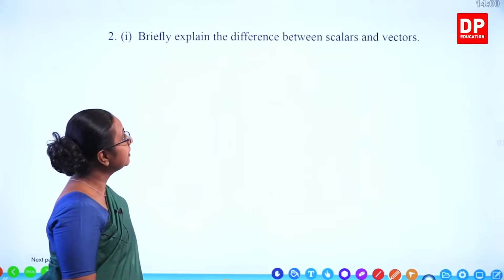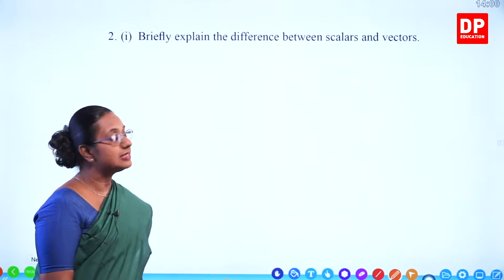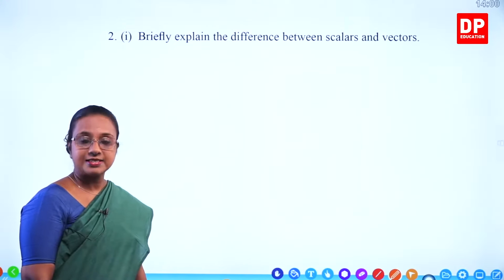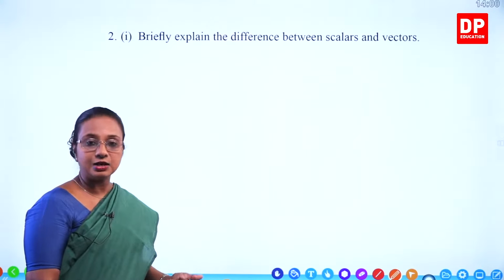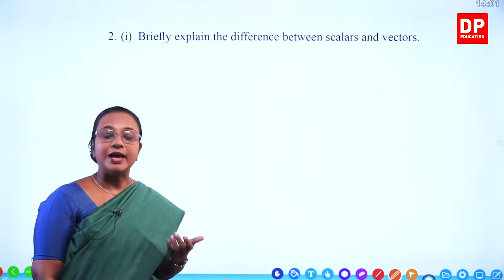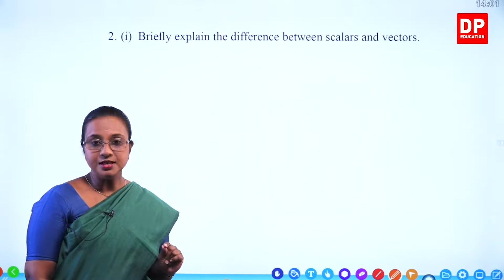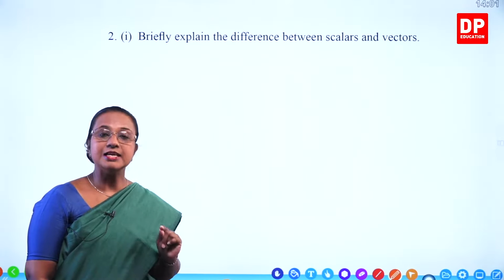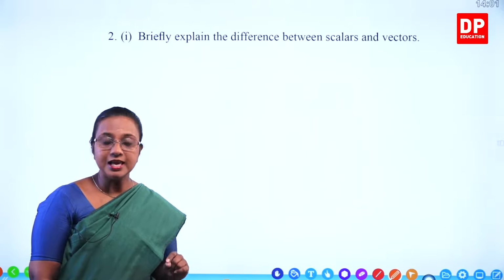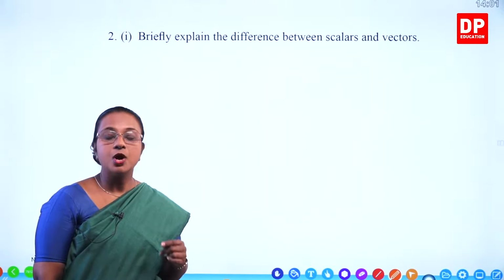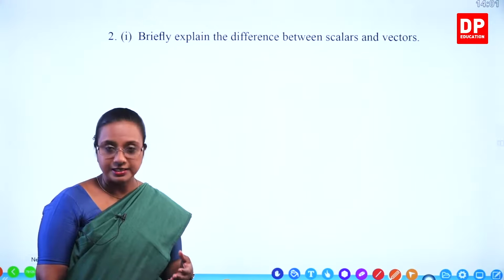Briefly explain the difference between scalars and vectors. When we say scalars and vectors, the scalar quantity and the vector quantity. I'm sure you remember these, students. The scalar quantity is the physical quantity that can be described only by its magnitude.